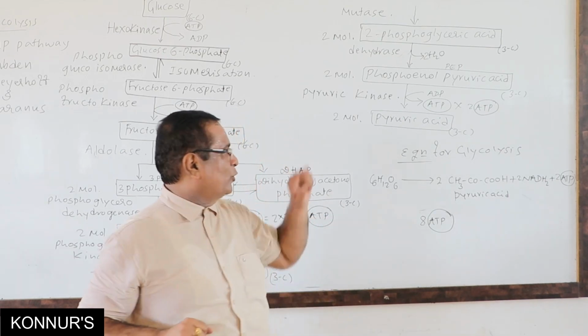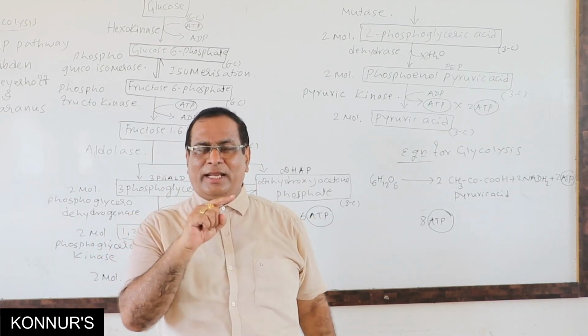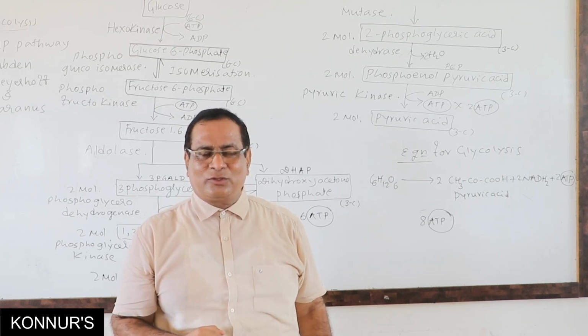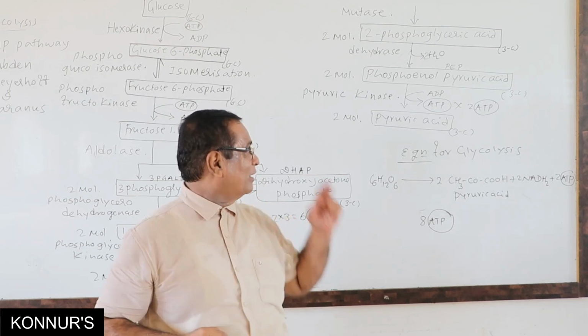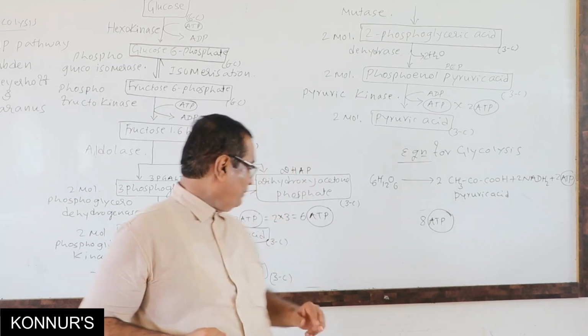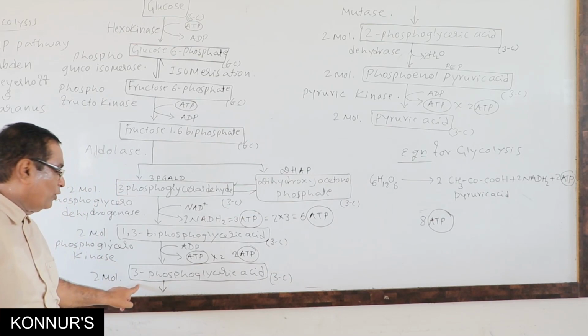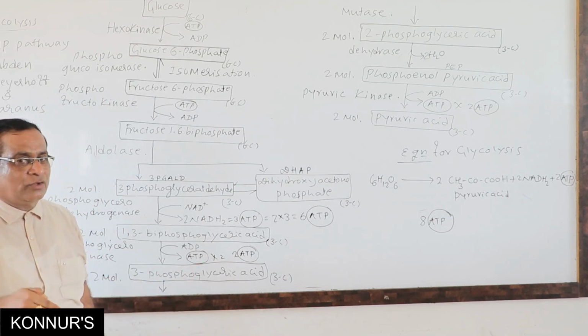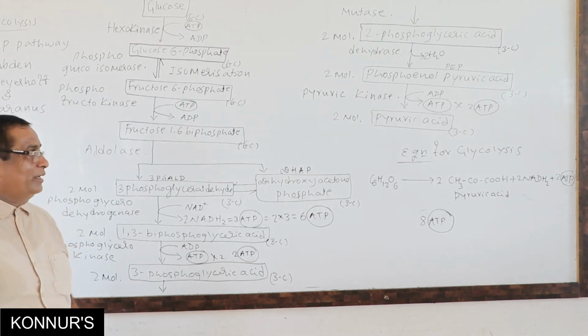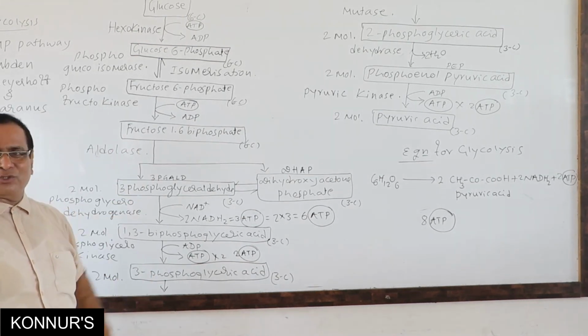Here the name is 2-phosphoglyceric acid, and 2 indicates the last carbon, so the compound has 2 carbons. No, the compound has 3 carbons, because it is formed from 3-phosphoglyceric acid by the mutual exchange of the phosphate group. That's why they logically ask this question.